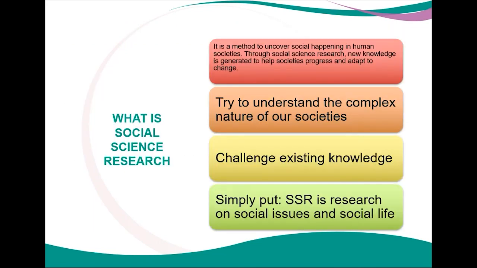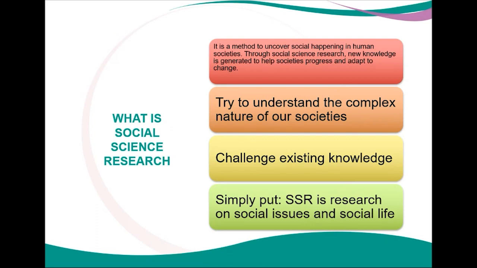Another concept that I would like to explain is what is social science research. Social science research is a method to uncover social happenings in human society. Through social science research, new knowledge is generated to help societies progress and adapt to change.